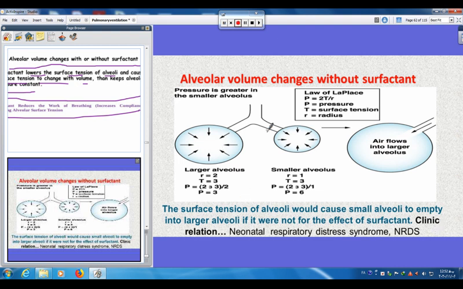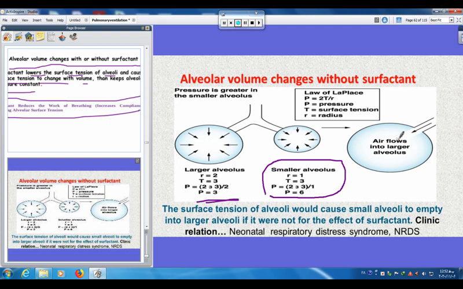In the absence of the surfactant, according to the law of Laplace, pressure relates to surface tension and radius R. In the smaller alveolus, the pressure is high, for example equal to 6, and in the large alveolus, the pressure is 3.